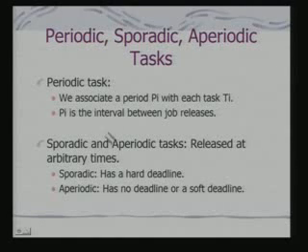So we associate a period Pi with each task Ti, and Pi is the interval between the job releases. Sporadic and aperiodic tasks are tasks released at arbitrary times, and we distinguish between them because a sporadic task has a hard deadline and an aperiodic task typically has no deadline or a pretty soft deadline.